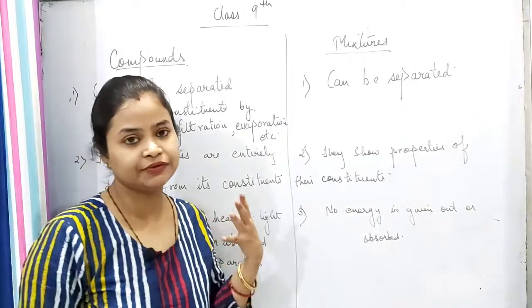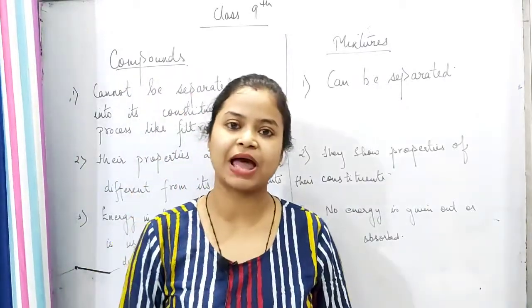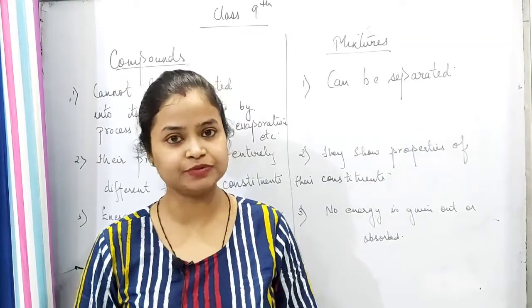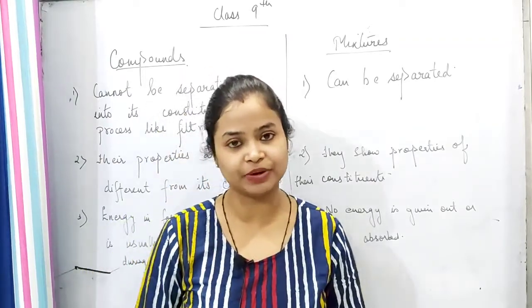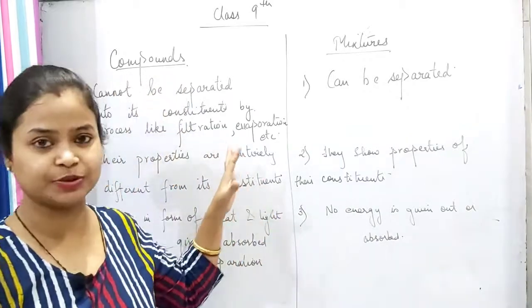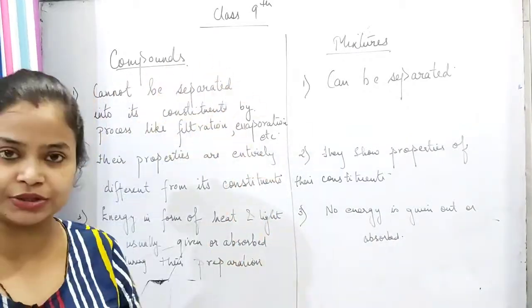Now let's see the differences between compounds and mixtures. About mixtures and their types we have already studied in our previous video. Now we'll see the differences between compounds and mixtures.